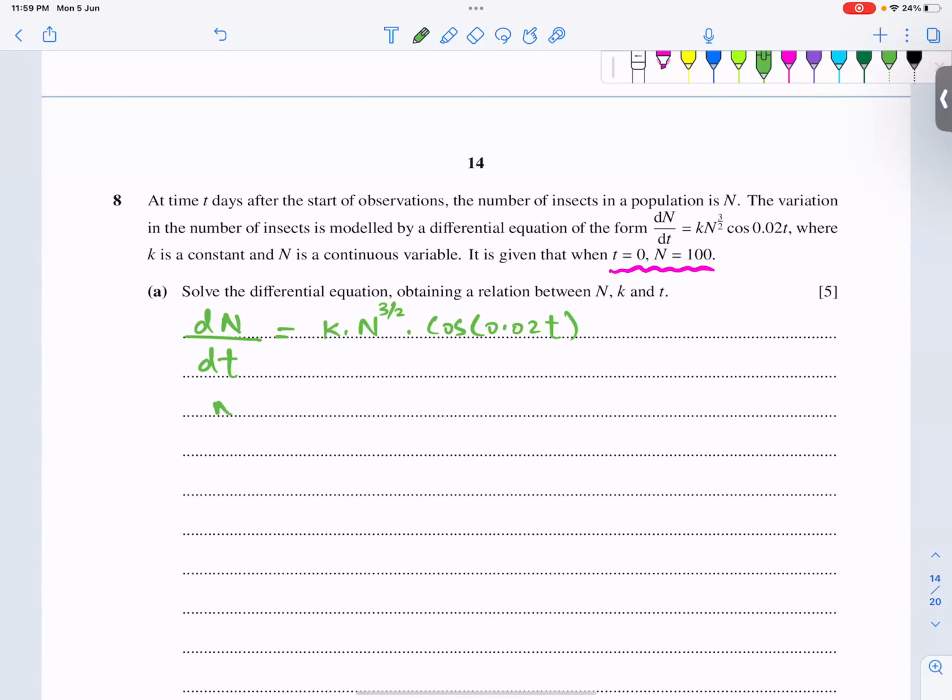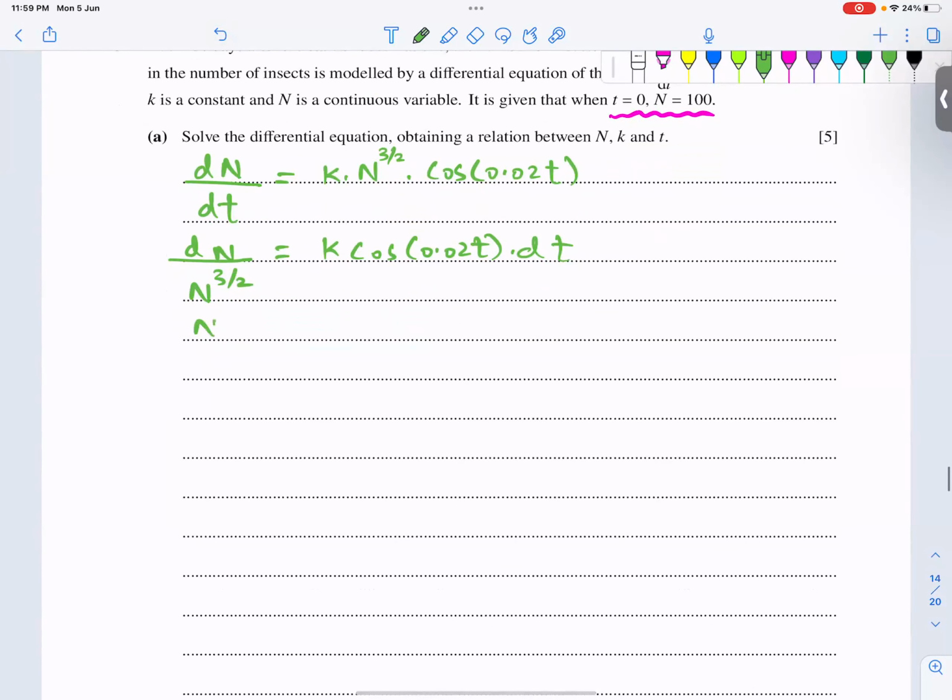So this will be dn over n to the power 3 by 2 is equal to k times cos of 0.02t into dt. Now you will write it as n to the power minus 3 by 2 into dn is equal to k times cos of 0.02t dt.